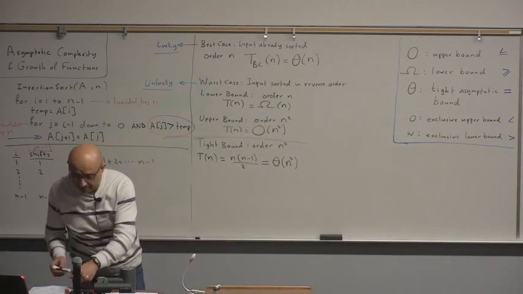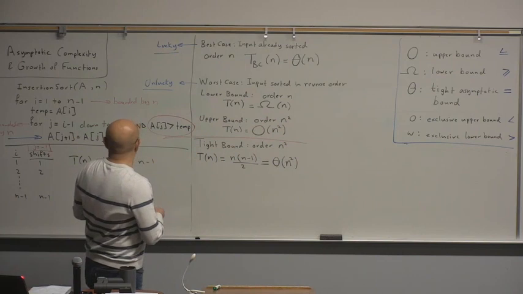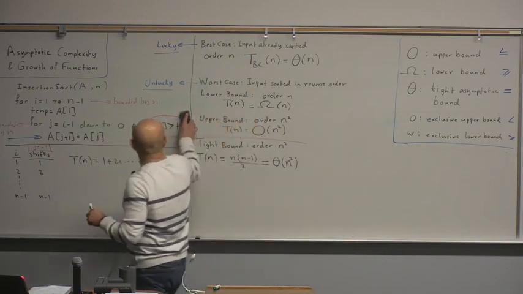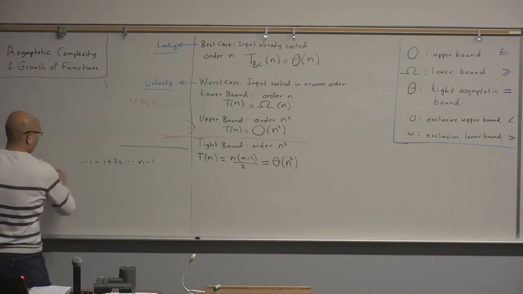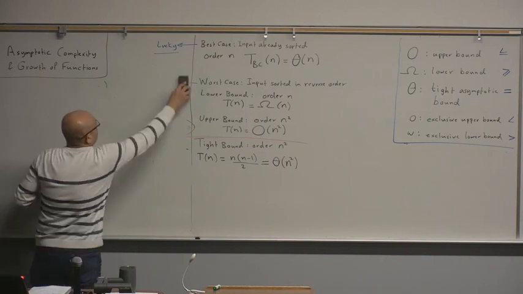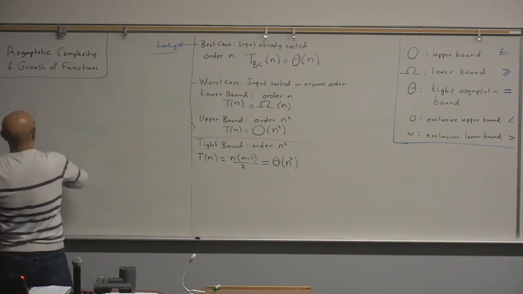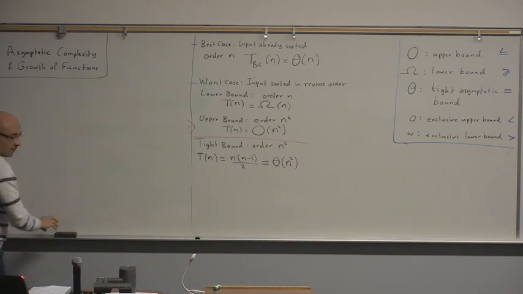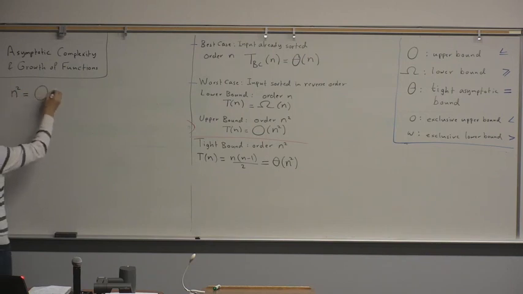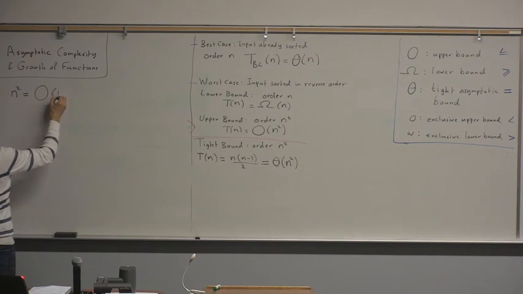So you can, for example, say n squared equals big O of n cubed.